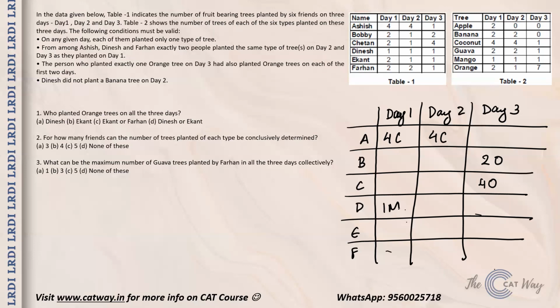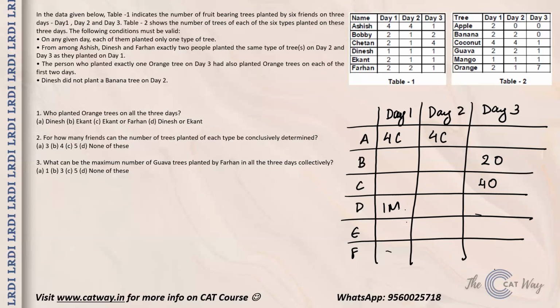If he planted banana, then Bobby, Chetan, Ekant, and Farhan need two trees each of the remaining types, but with coconut and banana of one type, one banana is gone. So the trees cannot be distributed among them. So it is not possible for Dinesh to plant any other type of tree on day 1. The only possibility is that Dinesh planted one mango tree. Okay, now let us move ahead.